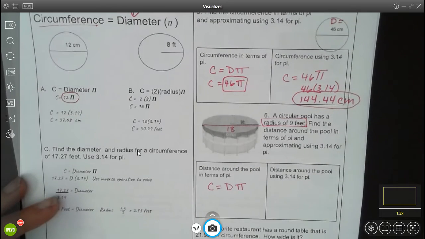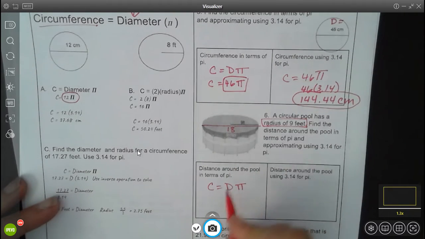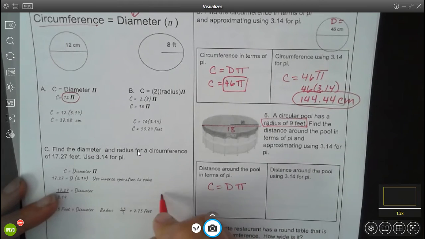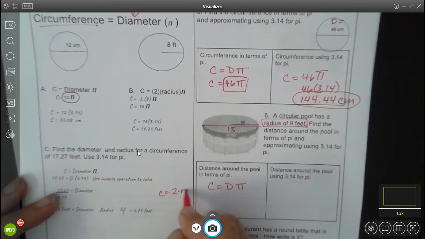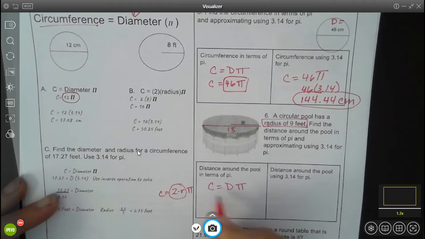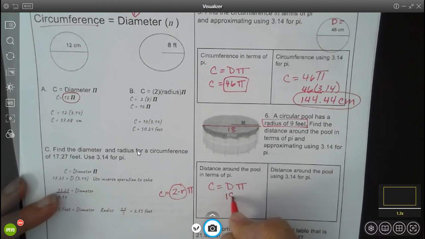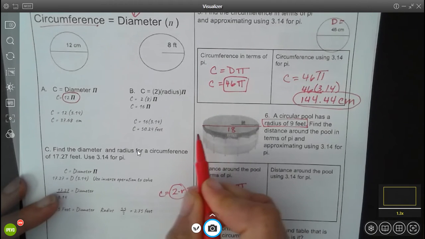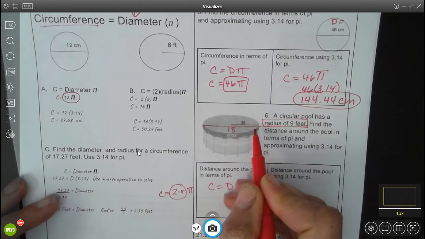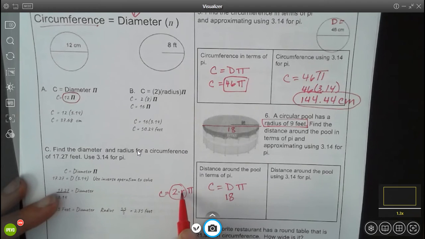Why do I need to double this? Because my rule needs a diameter. Or another option is to use the rule twice the radius times pi. Twice the radius is just the diameter. So I'm going to be using 18 here because I want the number that goes all the way across. Doubling 9 is how I got that 18.